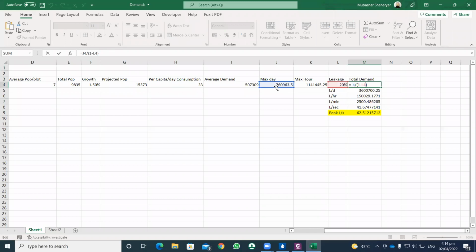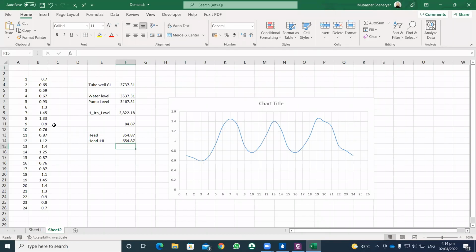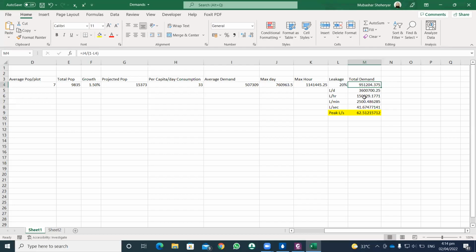And then in a diurnal pattern you can observe that when a value, for example 1.45, is multiplied with these values, then it increases. So based on the volume of water or the demand of a system, we have to select a pump.